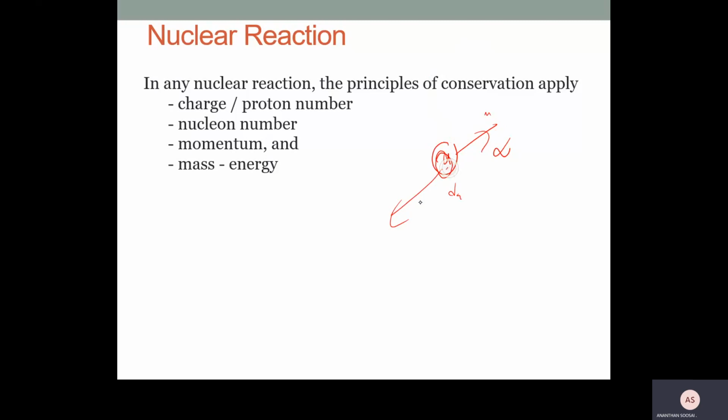So momentum has to be constant. Momentum before should be the same as momentum after. Momentum before is how much? 0. Momentum after also must be 0. That means the momentum of the alpha must be the same as the momentum of the daughter nucleus, correct? Conservation. So momentum is constant.